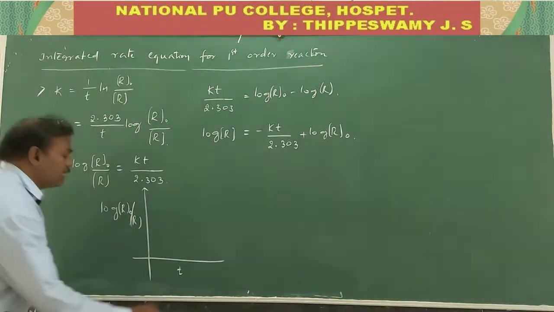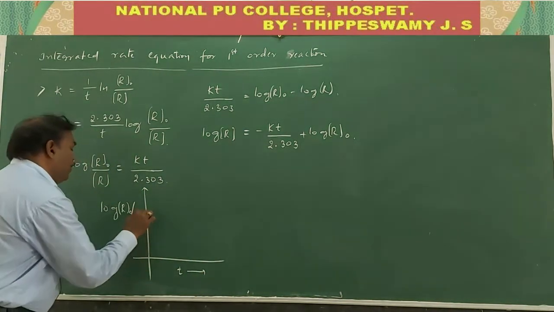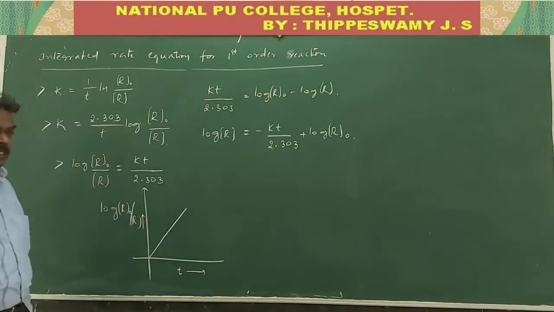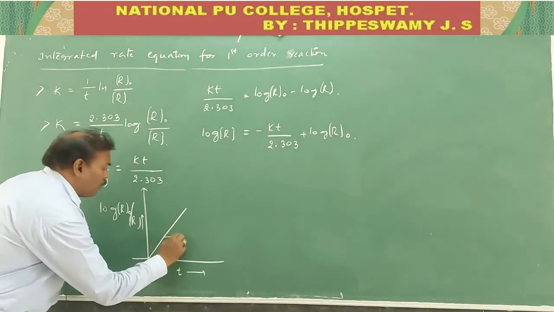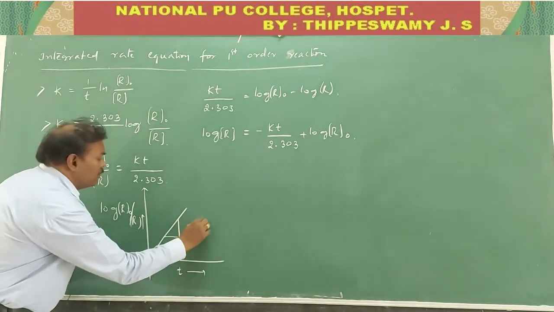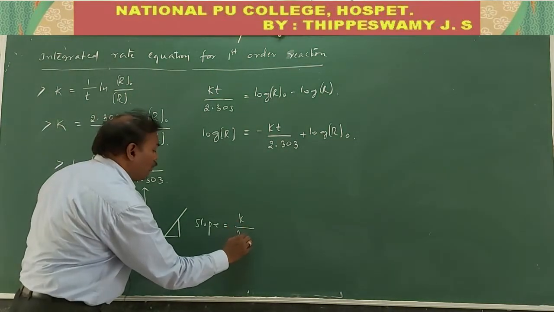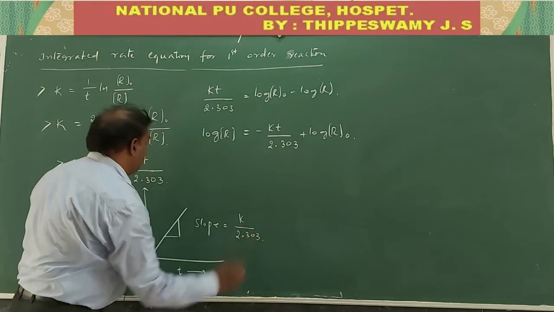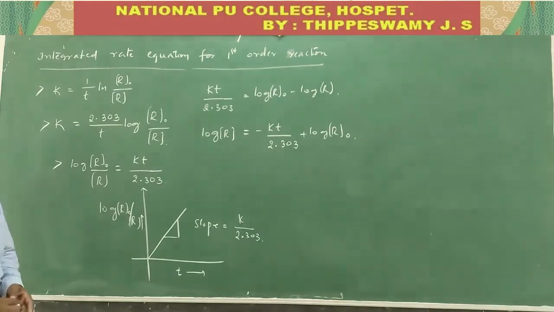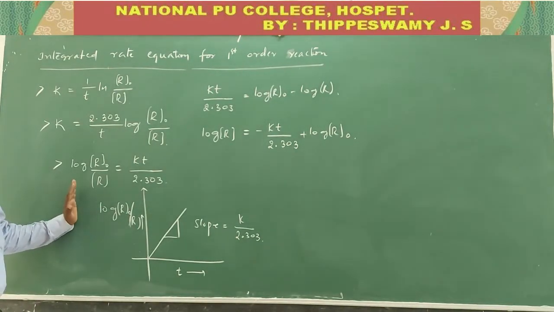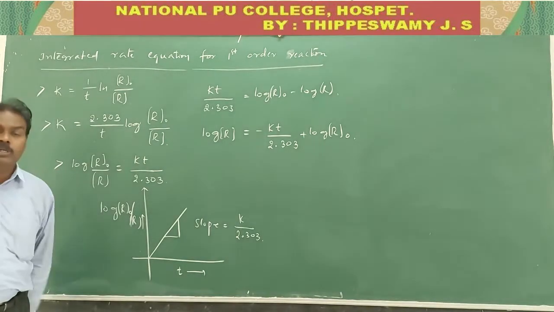We get a straight line from the origin. That is the slope of the straight line you are getting. Here the slope is equal to k divided by 2.303. So this is one of the forms of the integrated rate equation for the first order reaction.